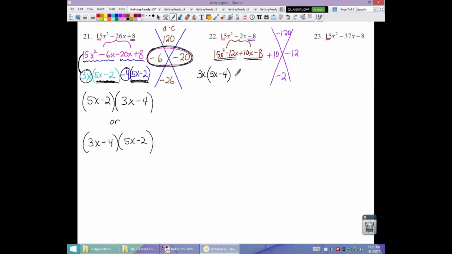The largest thing I can take out of those two is a 2. 2 times what is 10x? That's 5x. 2 times something is negative 8. It's negative 4. And we see, again, just as we expected and needed to see, that the two expressions in parentheses match. So that makes one of your factors. The other one is made by combining the two GCFs. So 3x plus 2.